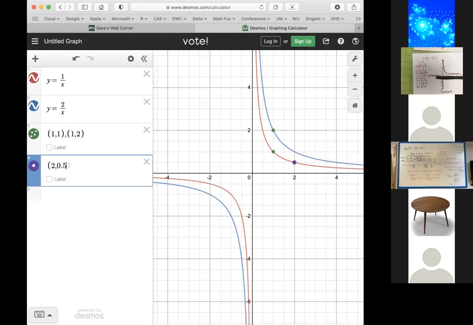That means 1/2. And what happens if I double that height? I should have height 1. Yes, I do. So graphing 2 over x was not hard if I knew how to graph 1 over x.